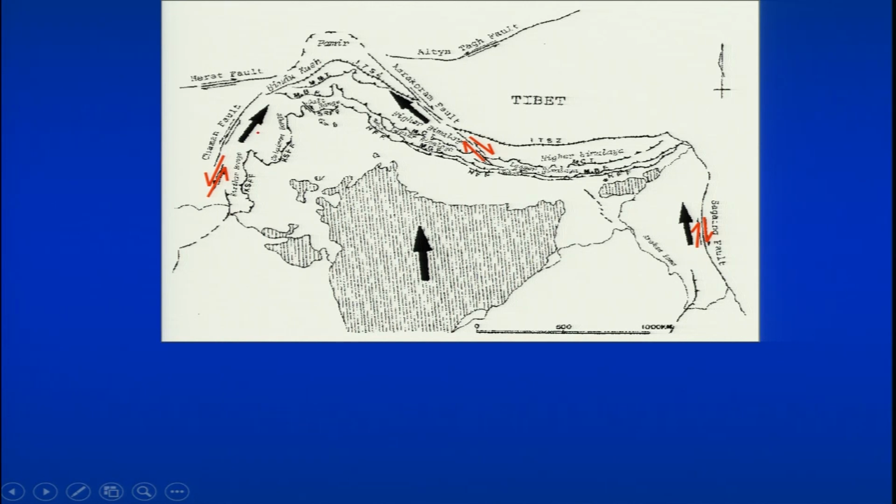So, we are trying to understand what exactly is happening with respect to the ongoing deformation between the Indian plate and the Tibetan plate in this region. We have the Chaman fault system in the west, which is a left lateral fault system. Then we have the Karakoram fault, right lateral.